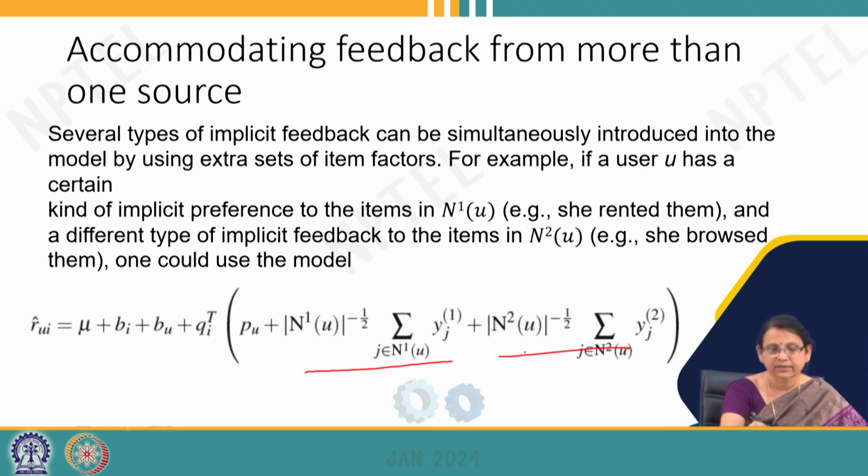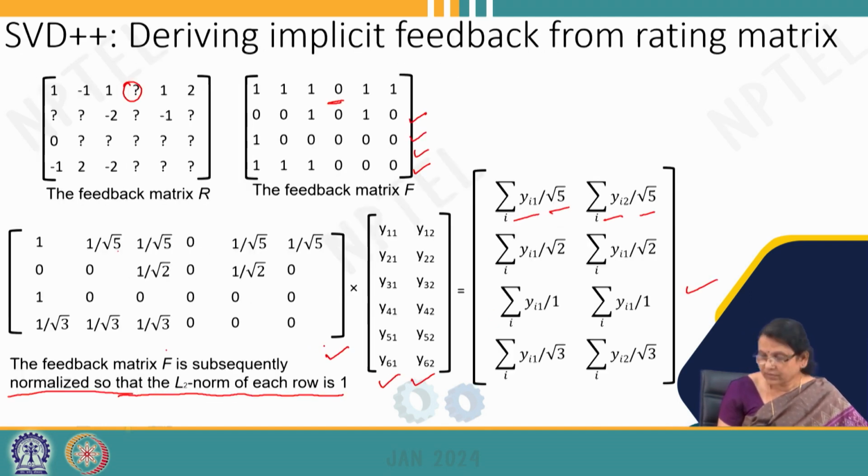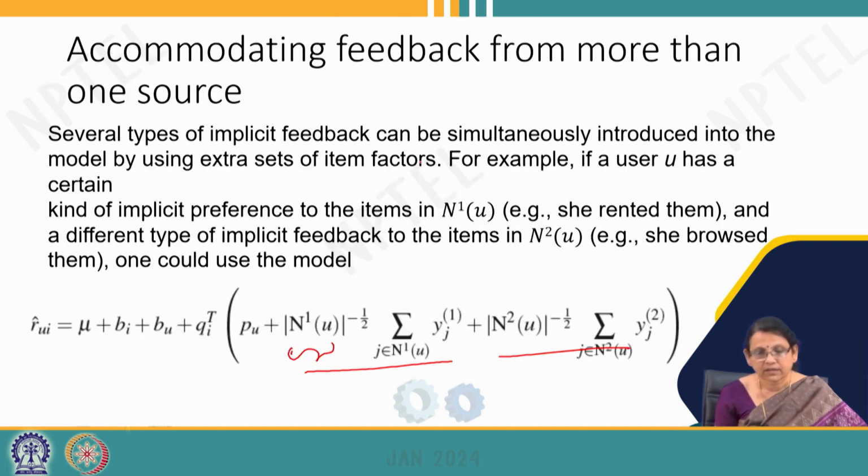In that case, this value here was normalized by the number of ratings available with respect to that particular item by user u. In this context, it is no more derived from the rating matrix.